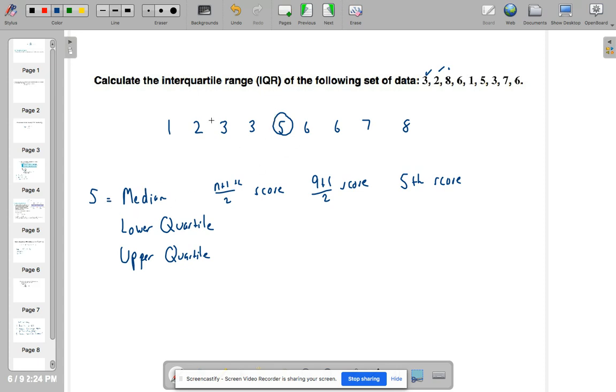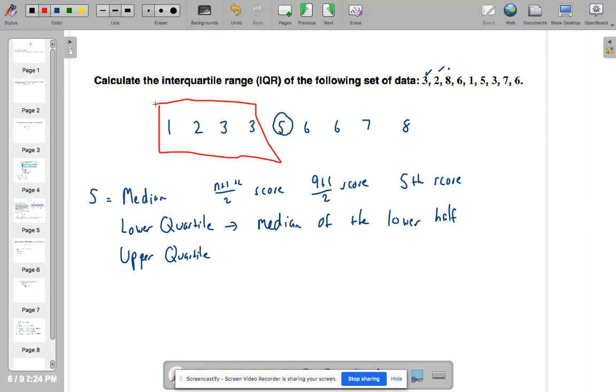Now, the lower quartile, and I'll write this down, the lower quartile is the median of the lower half. So let's circle with a red pen here, or put a box around, the lower half.